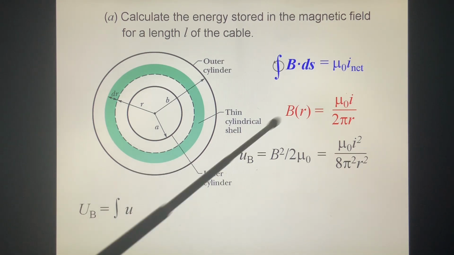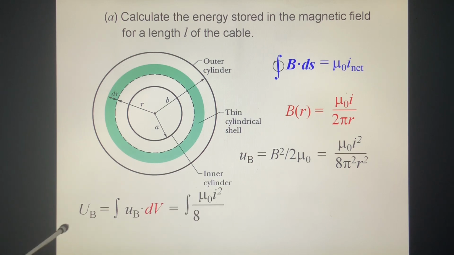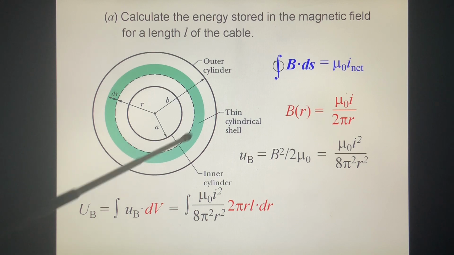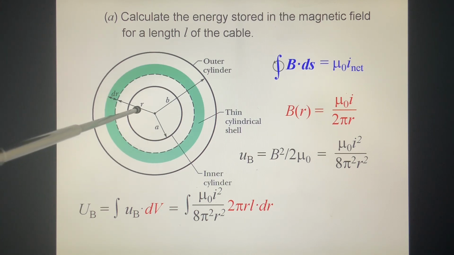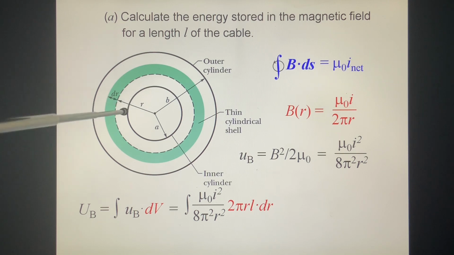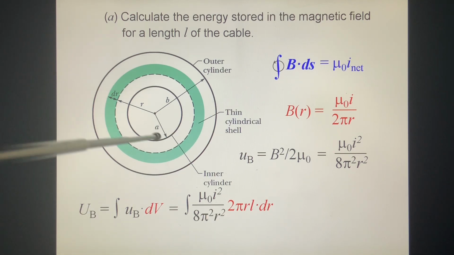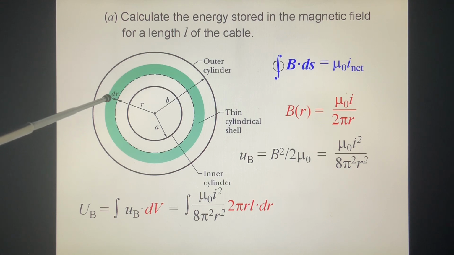So when we find the total stored energy, we have to use integration. We take this small cylinder, the radius is r, the length is L, and the thickness is dr. So dV equals 2 pi r L, the surface area of this cylinder, multiplied by dr. And then we do the integration.